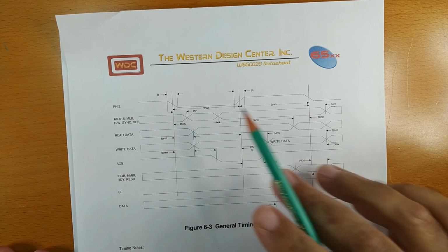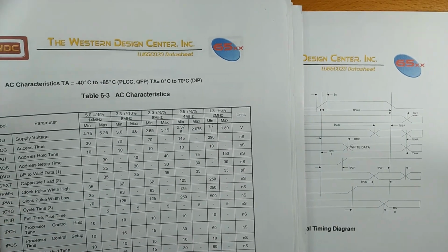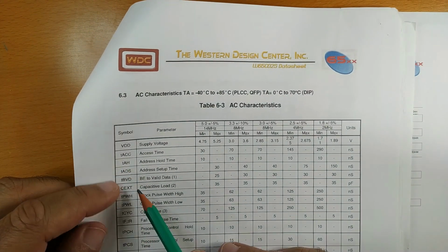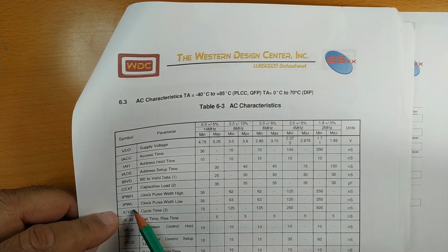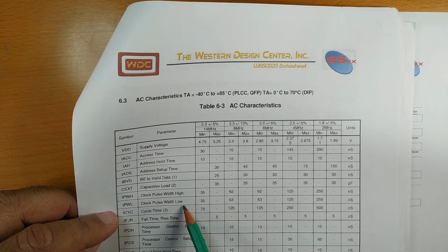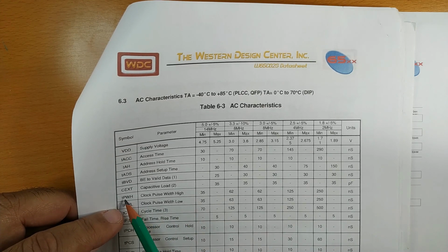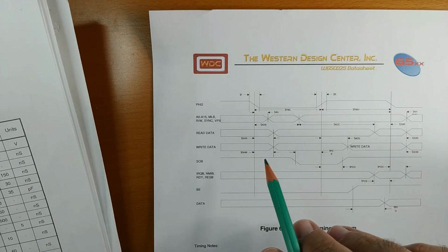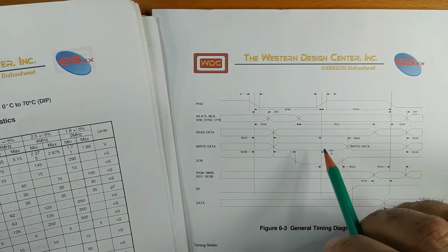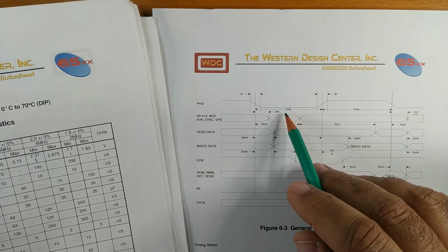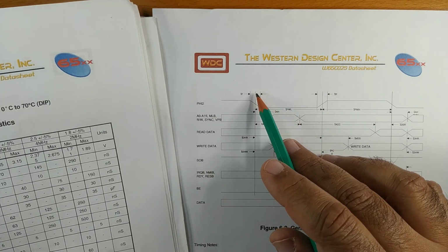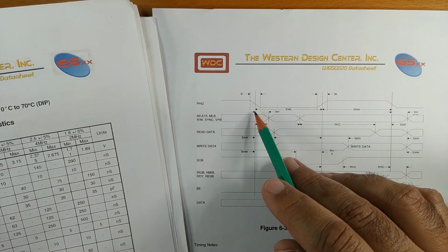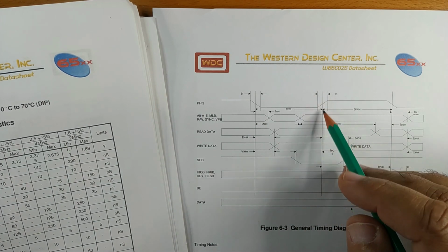So TPWL is clock pulse width low. Likewise, TPWH, clock pulse width high. Now, it seems pretty obvious that pulse width low is between the middle of the falling edge and the middle of the rising edge.